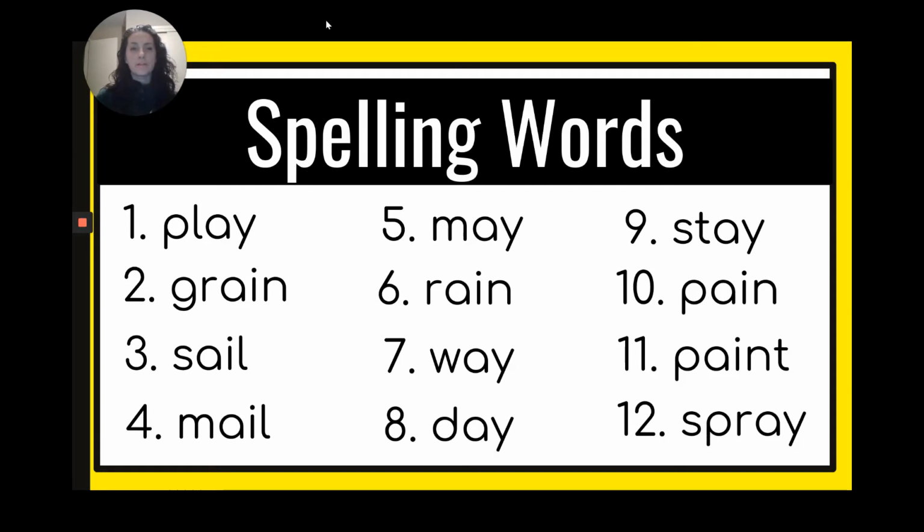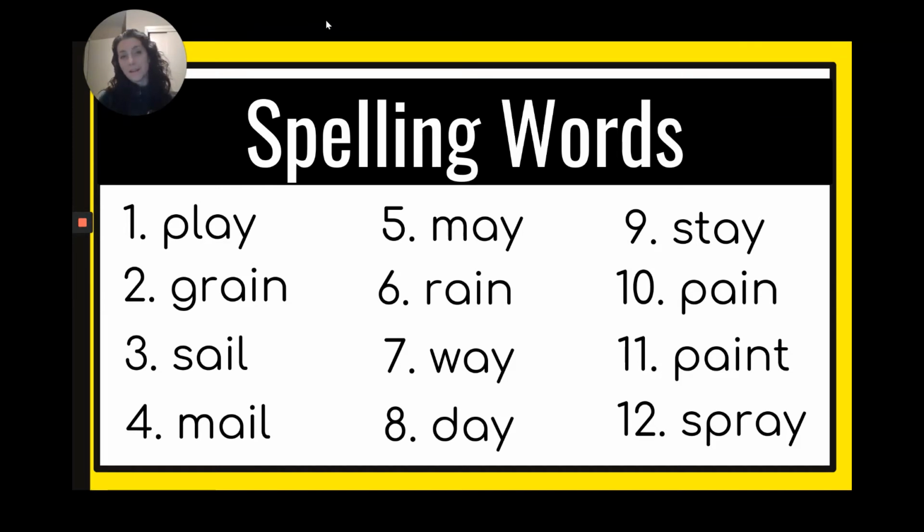Now, I do want to just look at a few of these very quickly because we do have a few homophones in here. If we look at number 3, we just went over this, but this sail, S-A-I-L, that is the kind of sail that you would find on a sailboat. It is the part that catches the wind, the fabric part that catches the wind. That's the sail.